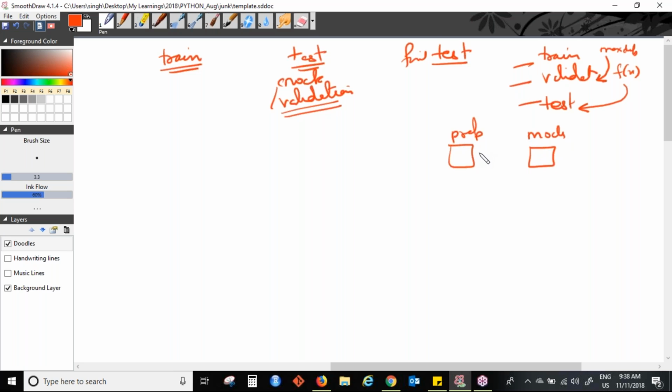You prepare, and based on what preparation style is giving you the best accuracy or best score on the mock test, you finalize your preparation strategy, and then you use that strategy to perform on the test data. So here there is no cheating because you are not going to the test data and coming back.